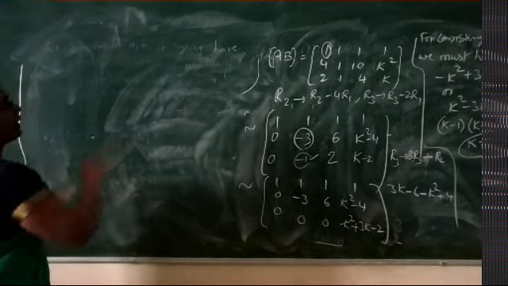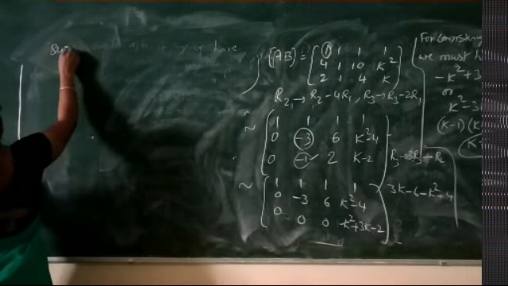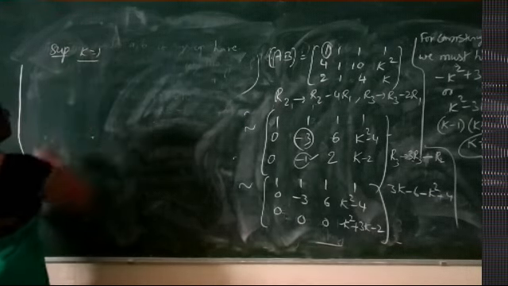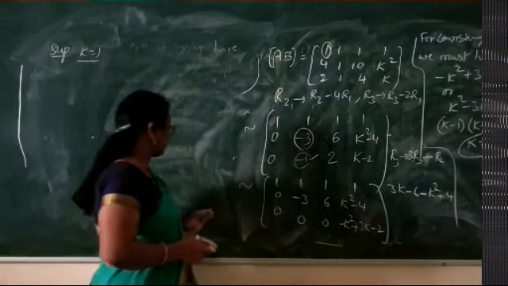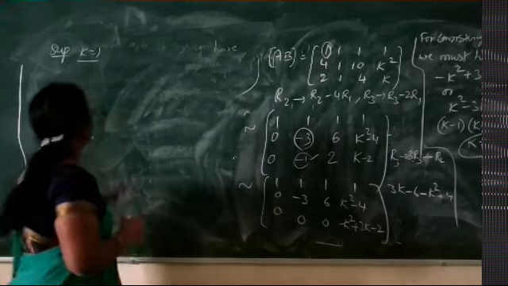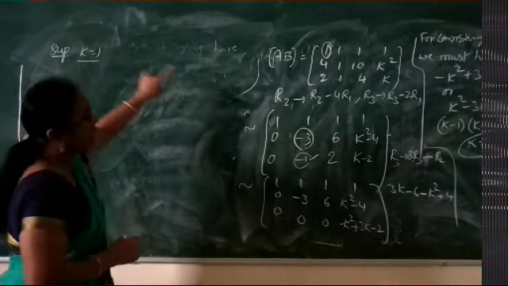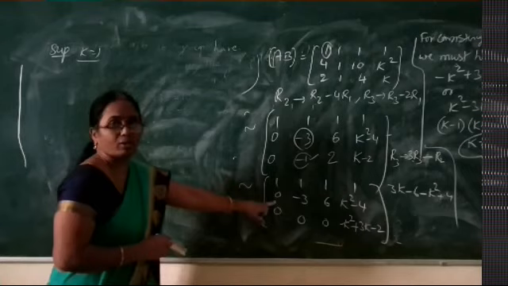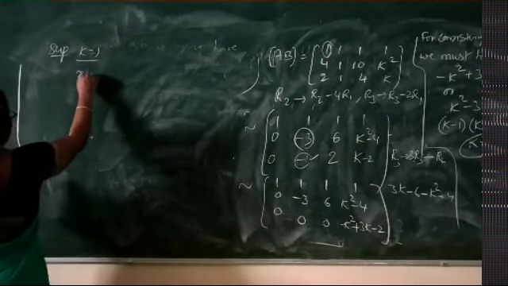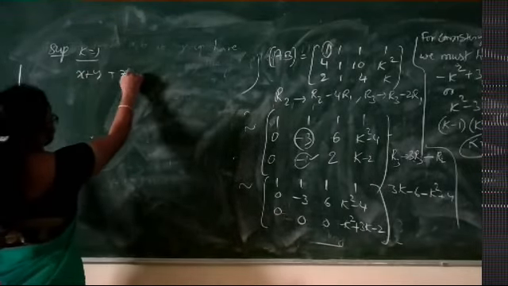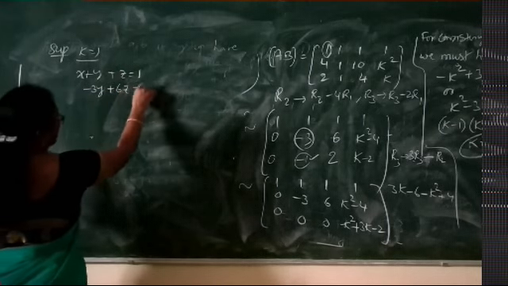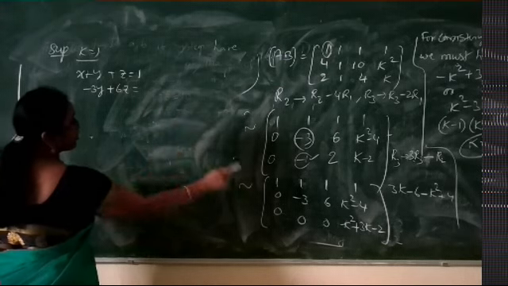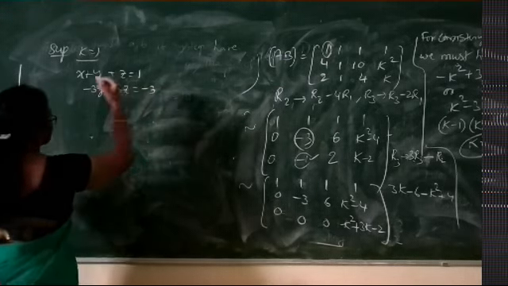Right? Now for each value of K, suppose we choose the value K equal to 1. Let us see what the solution of the system is for this one. For K equal to 1 we can write the equivalent system from the echelon form. It is x plus y plus z equal to 1, minus 3y plus 6z equal to 1 square minus 4, that is 1 minus 4.